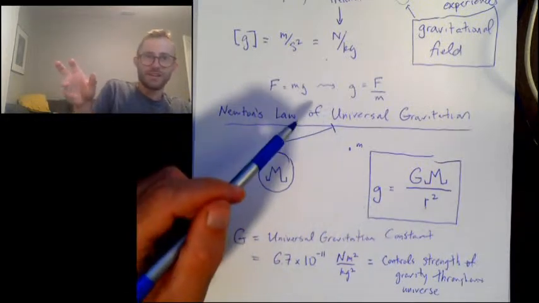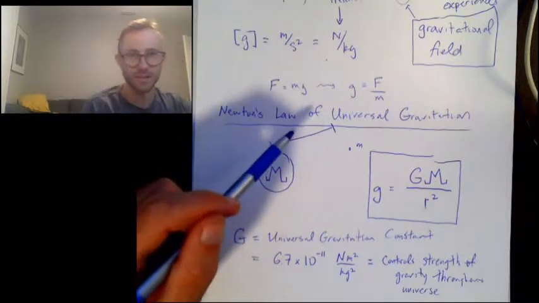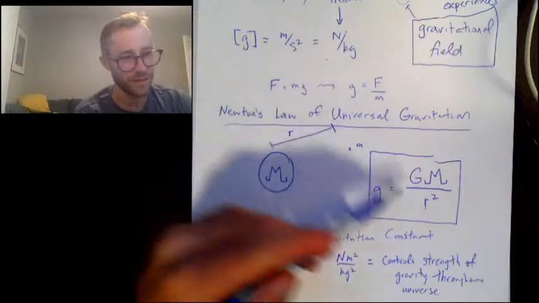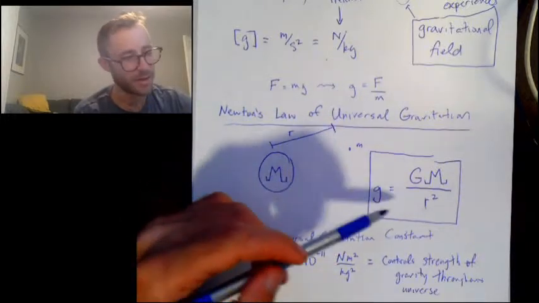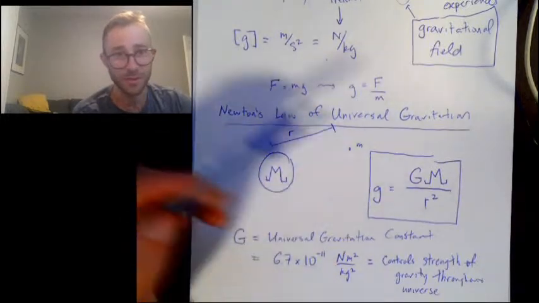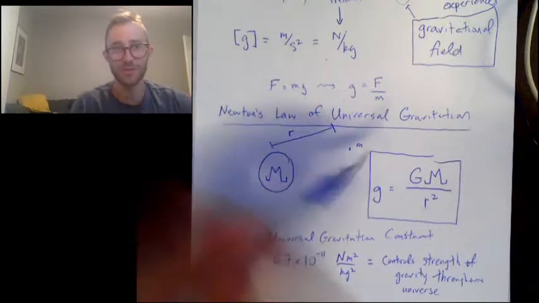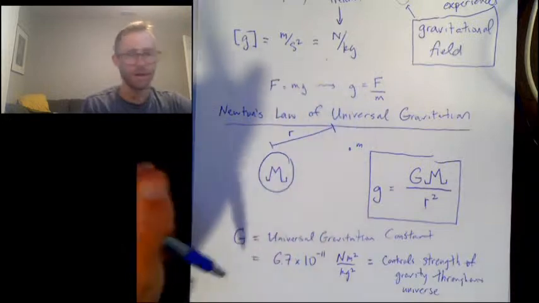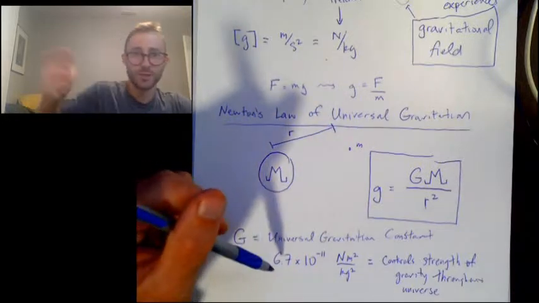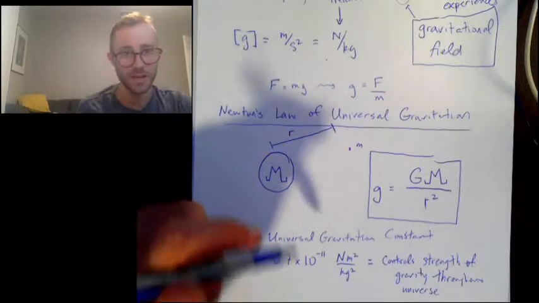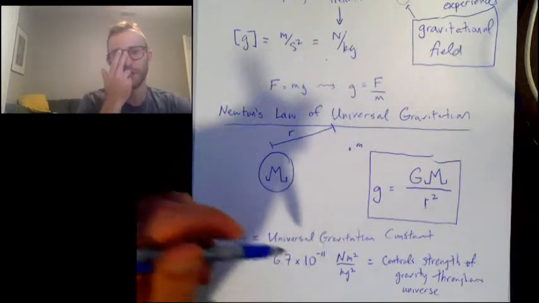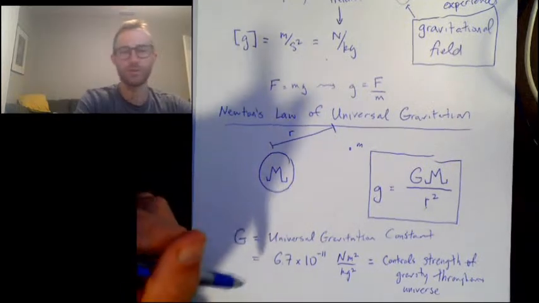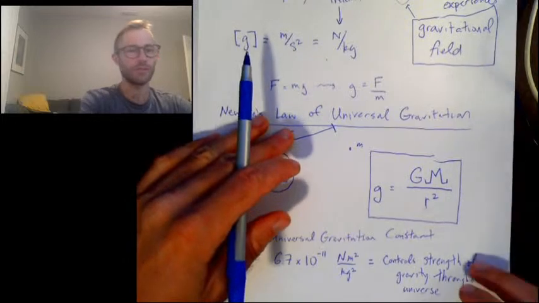I could crank it down to 0, and then there would be no gravity. We could all just jump off the surface of the Earth into space. Or what if we changed the sign of big G? Then we would have anti-gravity. So big G is controlling the strength of gravity throughout the universe.